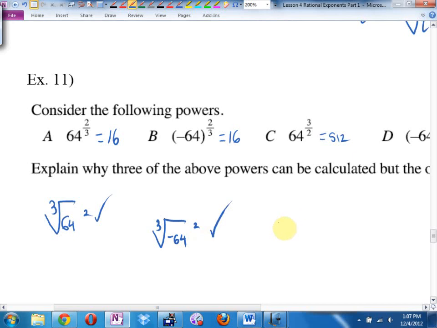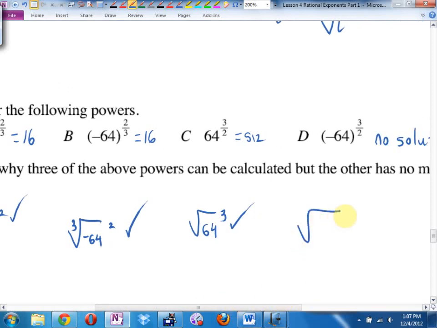The third one is the square root of 64 cubed. And I can take the square root of 64, no problem. The fourth one is the square root of negative 64 cubed. What's wrong with that? You can't take the square root of a negative. So I could have spotted that if I was really paying attention ahead of time, Kirkland. I might have said, you know what? That's a square root of a negative in disguise. My calculator is going to barf at me.